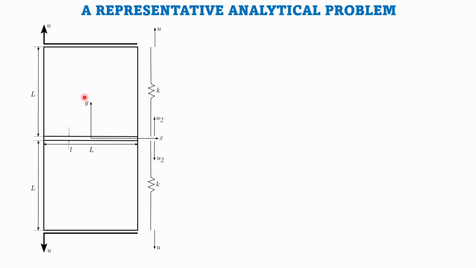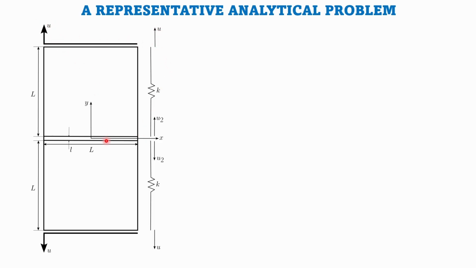Because of these two reasons, we can replace these two blocks with two springs with spring constant K. We pull both sides by U, but since they are rigid, and this layer is a deformable layer, the displacement of this layer need not be the same as the applied displacement.